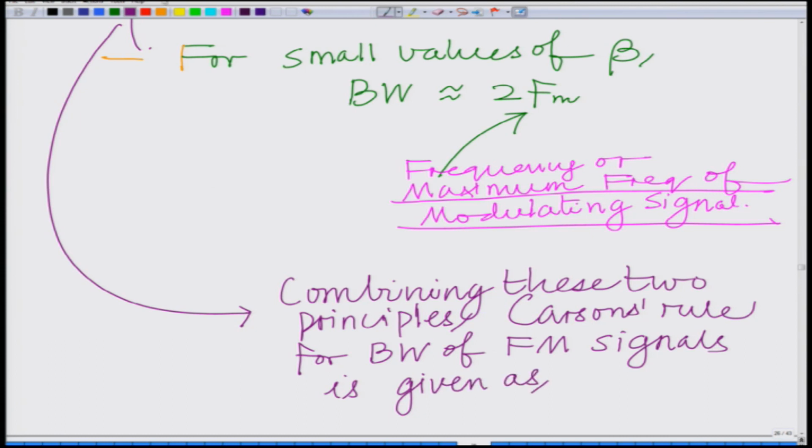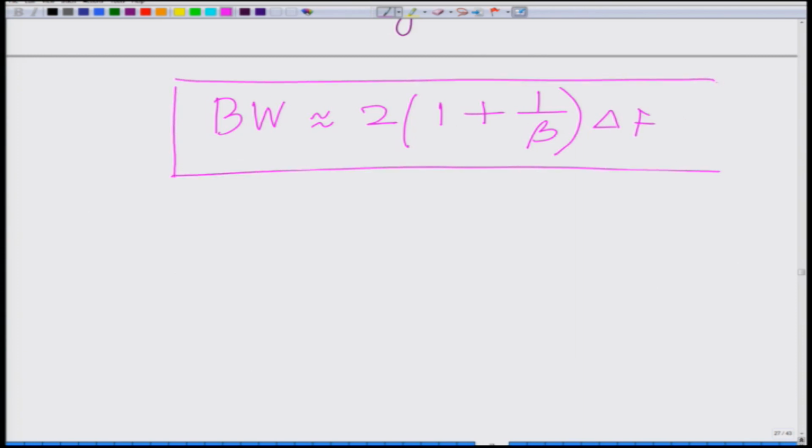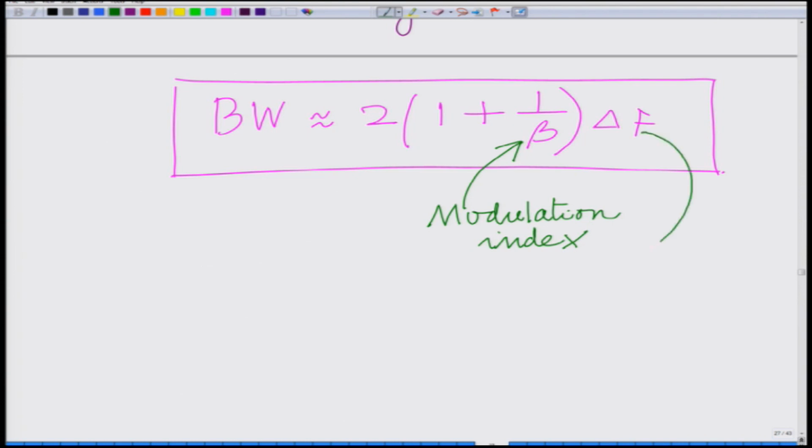The Carson's rule for bandwidth of FM signals is given as: the bandwidth of an FM signal is approximately equal to twice (1 plus 1 over beta) into delta f, where beta, remember, is the modulation index and delta f equals the peak, or maximum, frequency deviation.